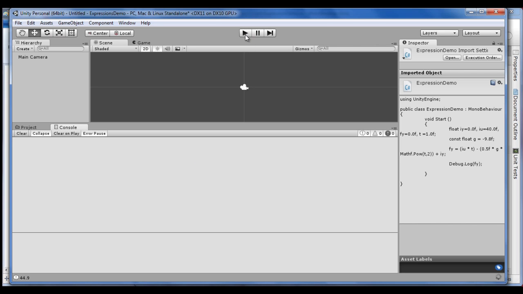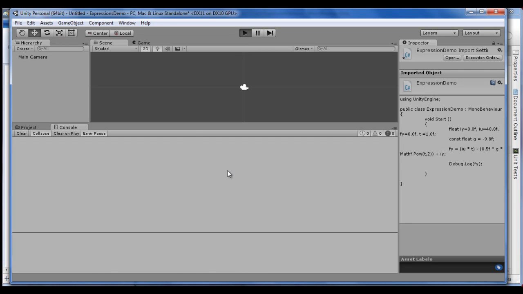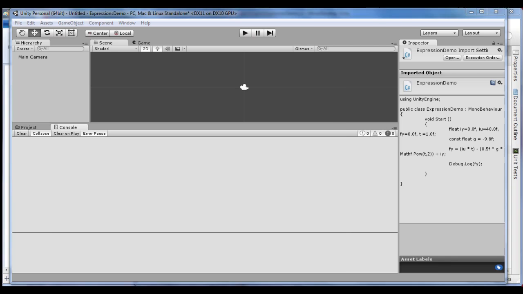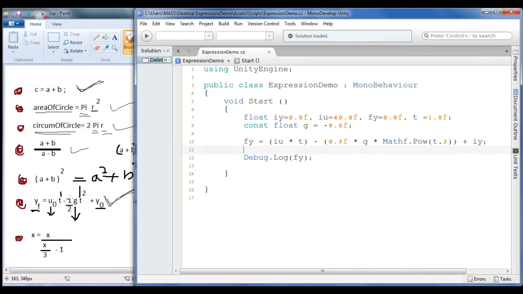If I run the code, you can see that the result is 44.9. That is how you convert a formula to code, which is very, very important, guys. You should know where to put the parentheses. That is also most important.